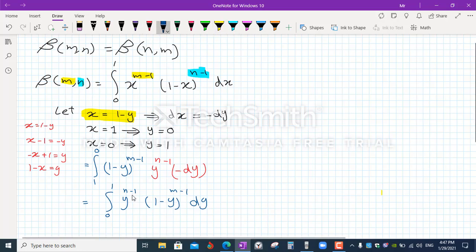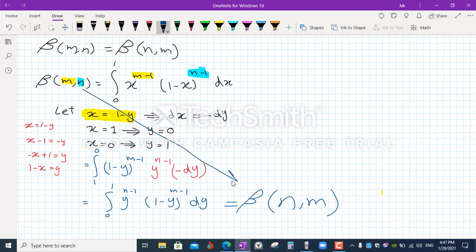Now look at this. n is the first, so that makes it equal to beta of n, m. And by the way, it's not about coming first or second. It is about this one being with y, so it must go first, and this one is with the 1 minus y, so it must go second. Now we have proved that beta of mn is equal to beta of nm.